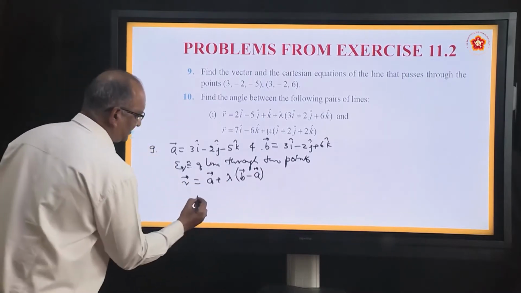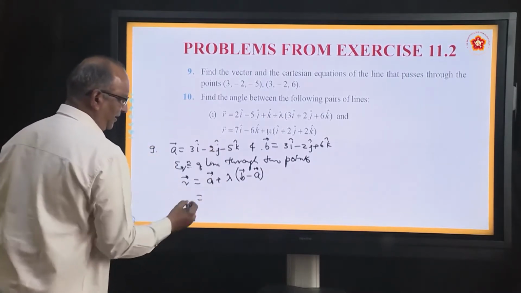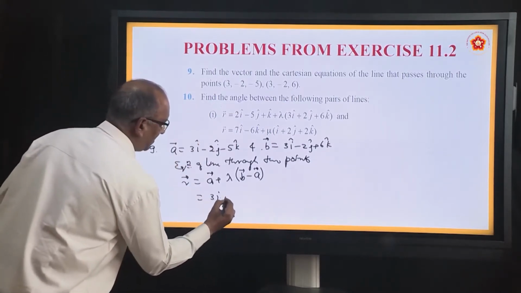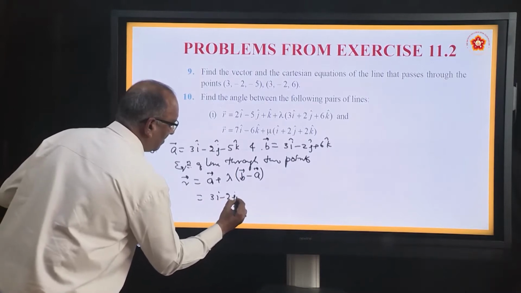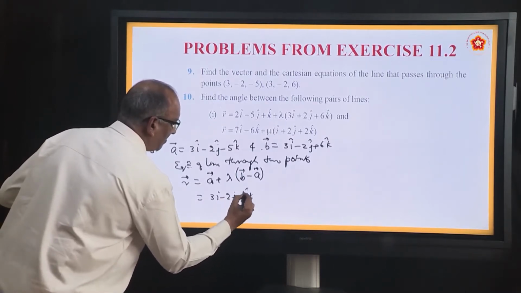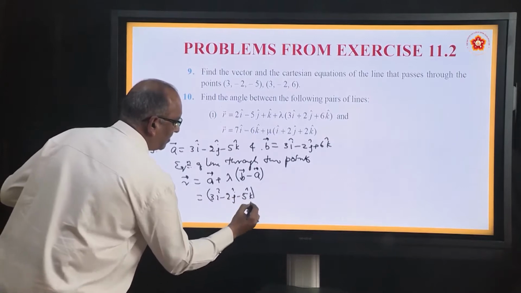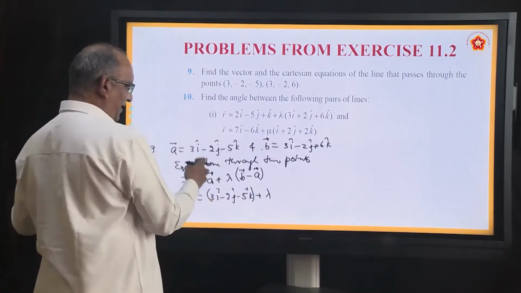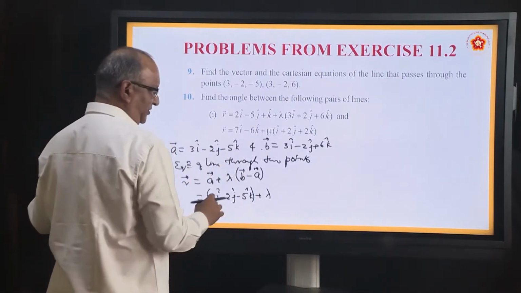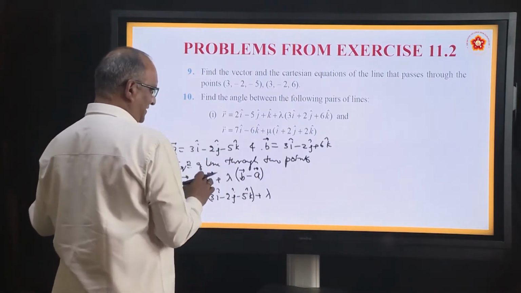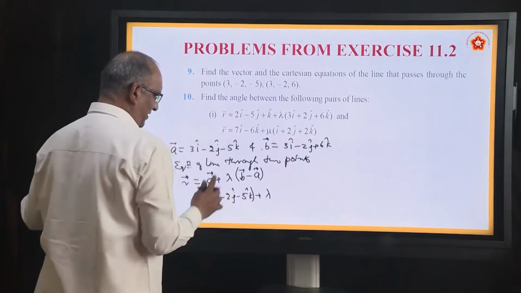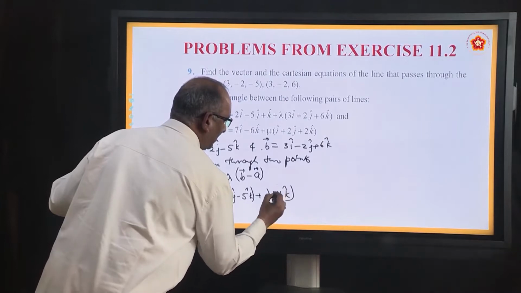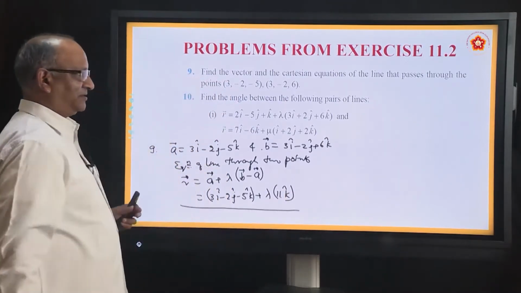So, substitute in this. a is 3i minus 2j minus 5k, plus lambda times (b minus a). From b you subtract a: 3i minus 3i is 0, minus 2j plus 2j is 0, 6k plus 5k will become 11k. This is the vector equation.